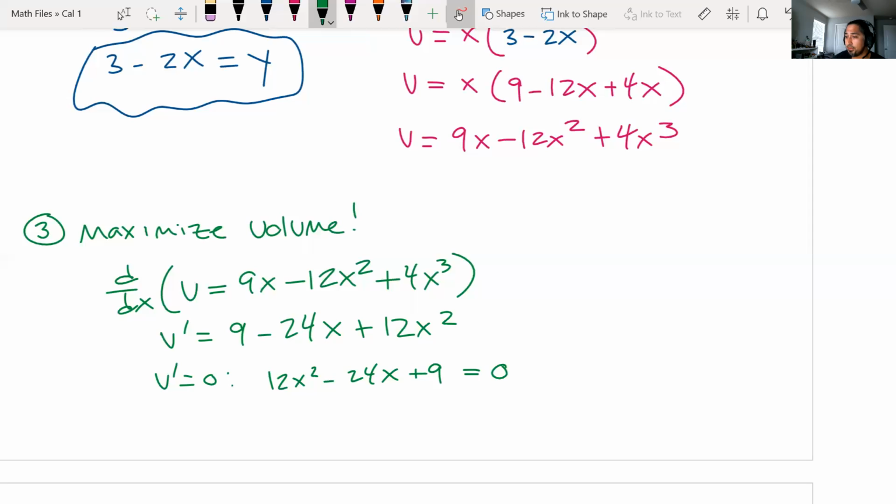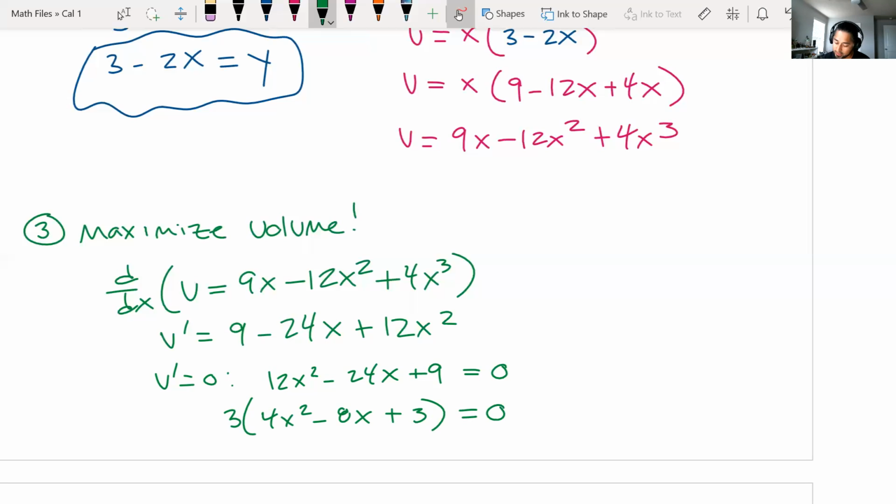And what common factor could you factor out of everything? A 3. You'd be left with 4x squared minus 8x plus 3 equal to 0. Okay.